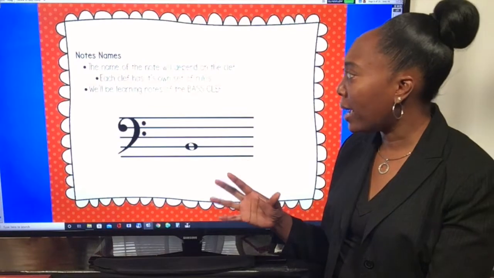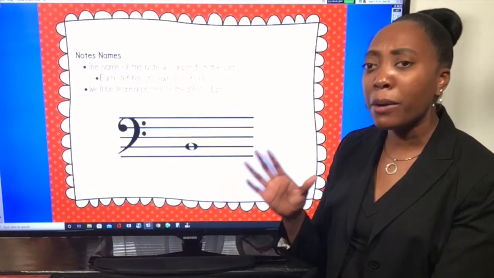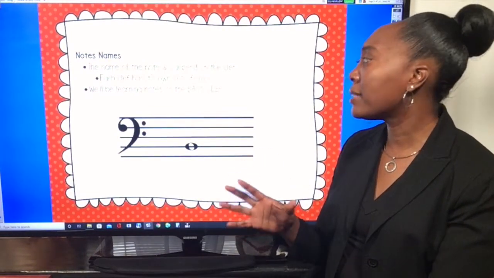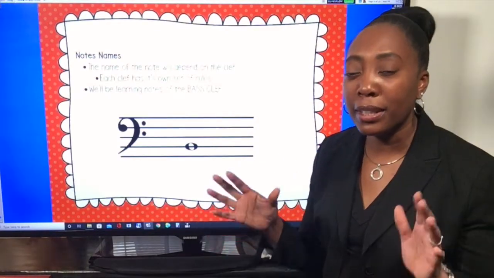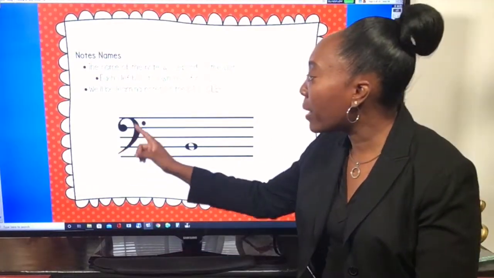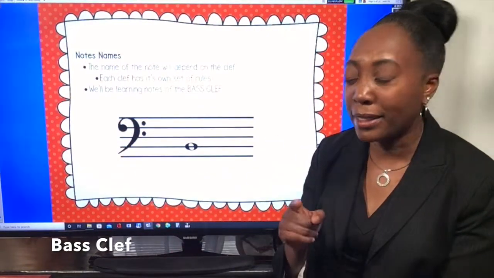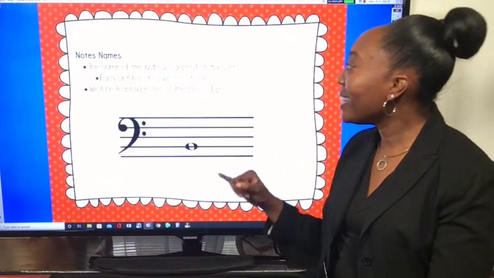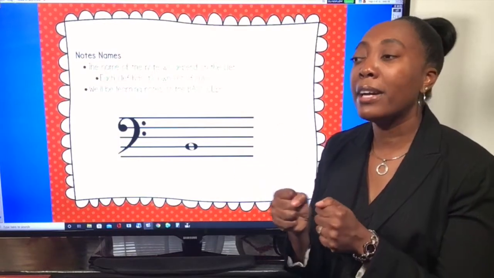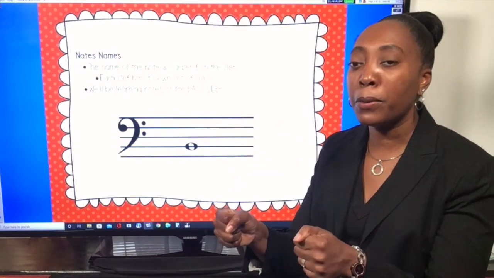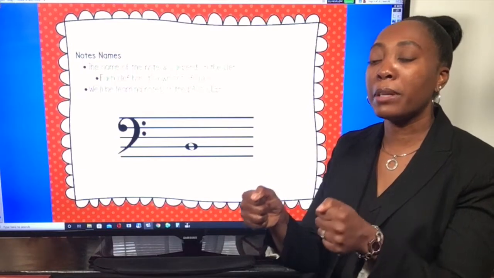Now, note names. Here we go. We're talking about note names, so pay very close attention. The name of the note depends on the clef. And we have what kind of clef? The bass clef. That's right. And each clef has its own set of rules. Remember how we talked about it kind of drives us home or tells us what to do, what to sing?